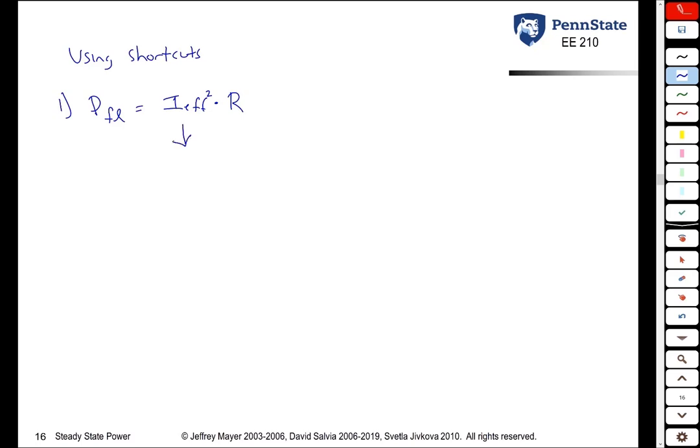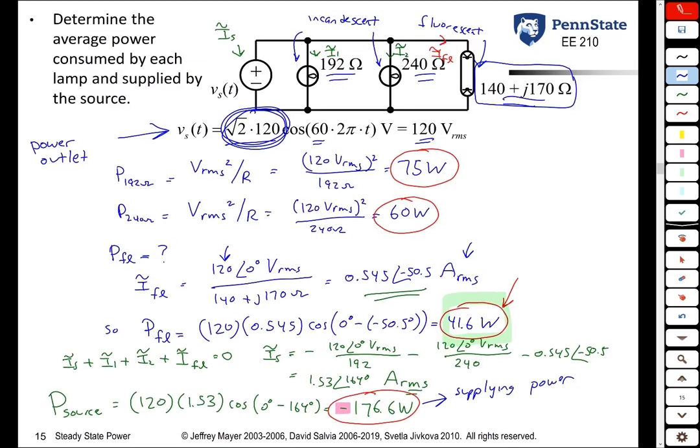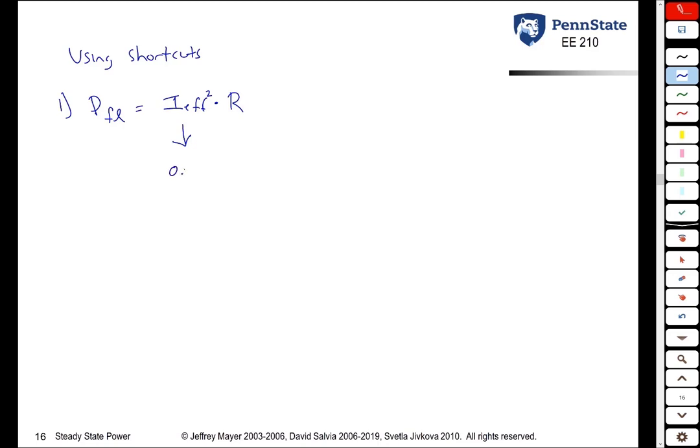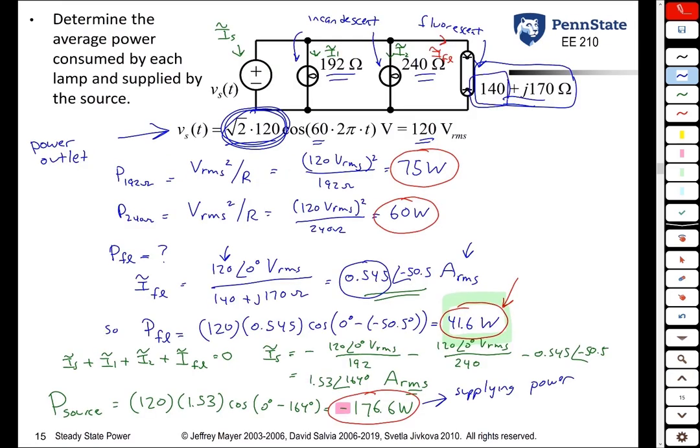But the effective current we saw here had a magnitude of 0.545. So it's 0.545 amps RMS squared times the resistance, 140 ohms. That is the real part of that resistance.